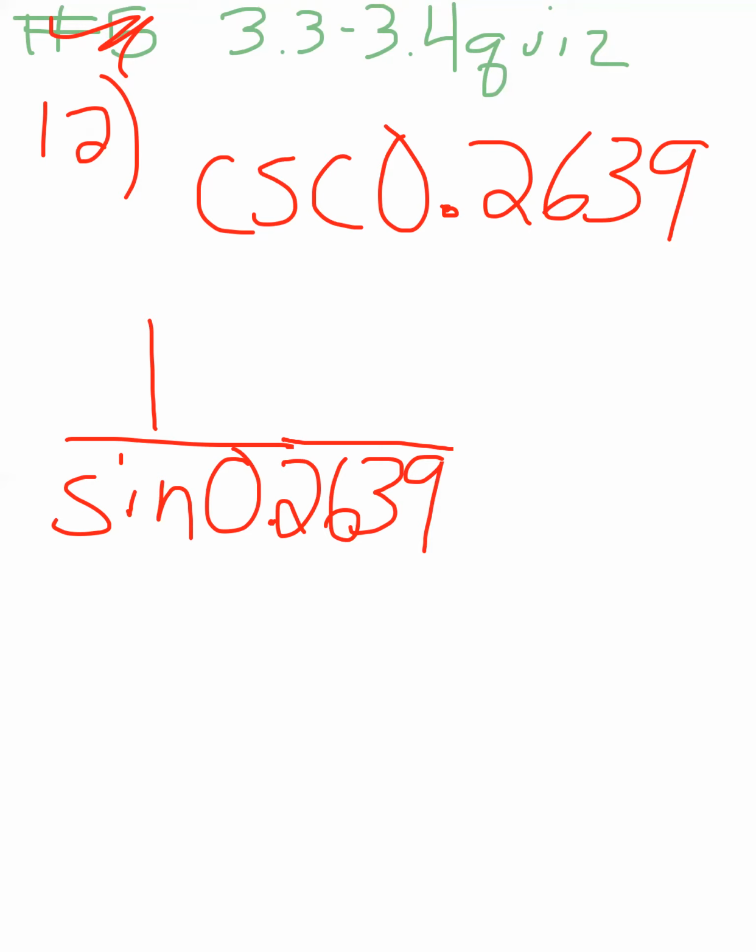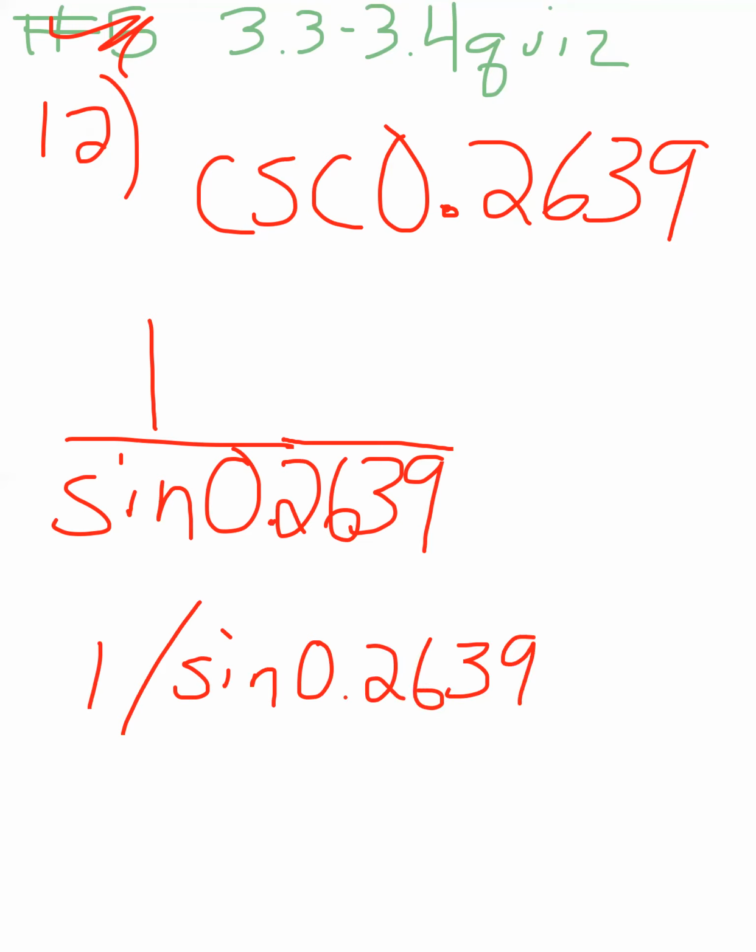I don't know how to do that on your phone, but I'm sure there's a way. And then you're literally just going to type in on your calculator 1 divided by sine 0.2639. As long as you're in radians, it should spit out the correct answer, which I'll go ahead and tell you is 3.8337. Try that on your calculator, make sure that you can get that answer back out, and then you know you're doing it correctly.